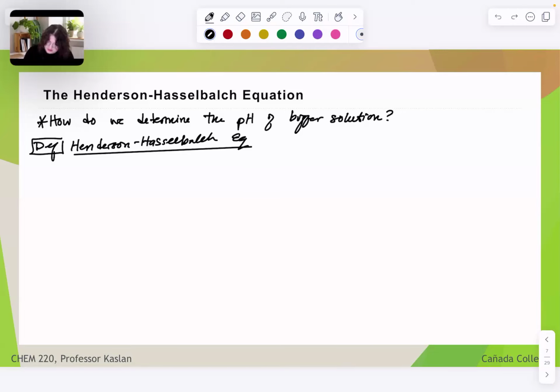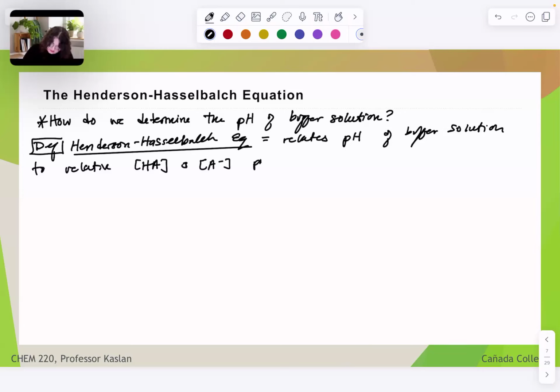So the Henderson-Hasselbalch equation relates the pH of a buffer solution to the relative concentrations of weak acid and its conjugate base that are present in solution.